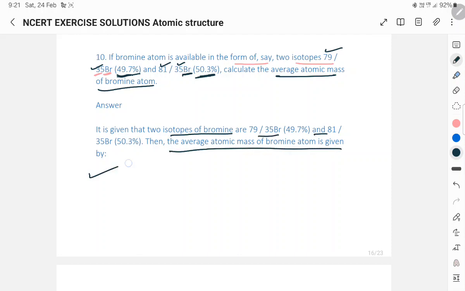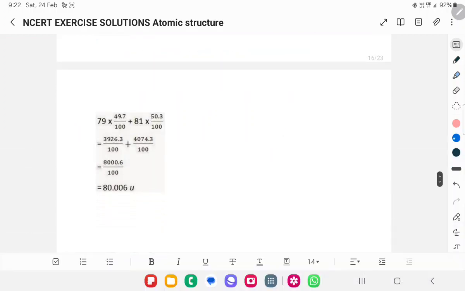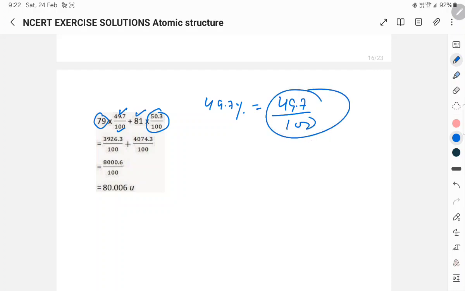The average atomic mass is given by, right? We will write each mass number into its percentage. If we have 49.7%, we will write it as 49.7 upon 100, right? So after solving this, we will get this answer, right?